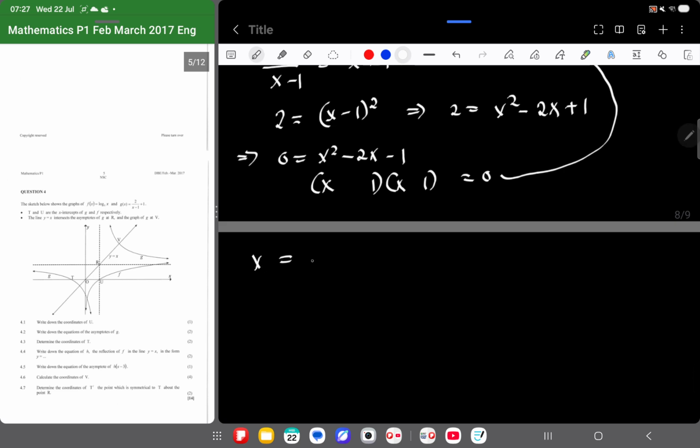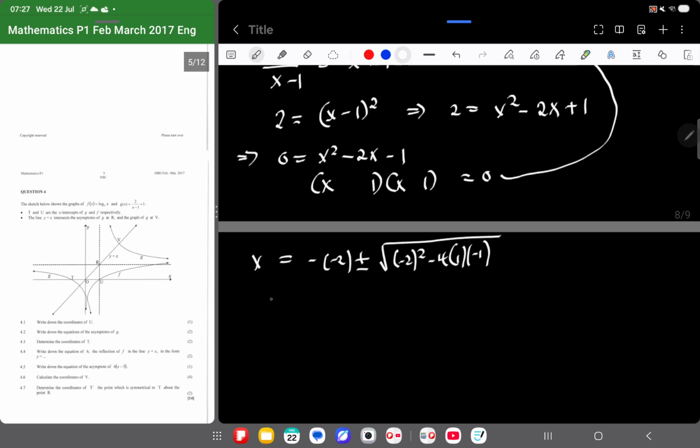x equals minus b, minus negative 2, plus or minus the square root of negative 2 squared minus 4. What is my a? What is my c?